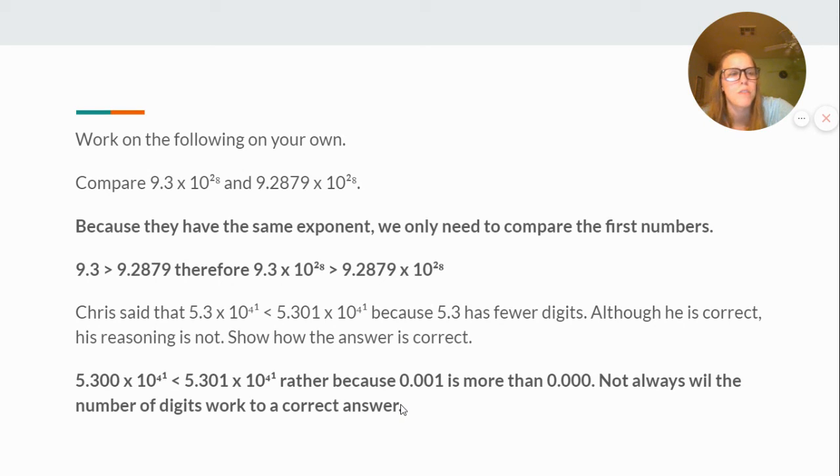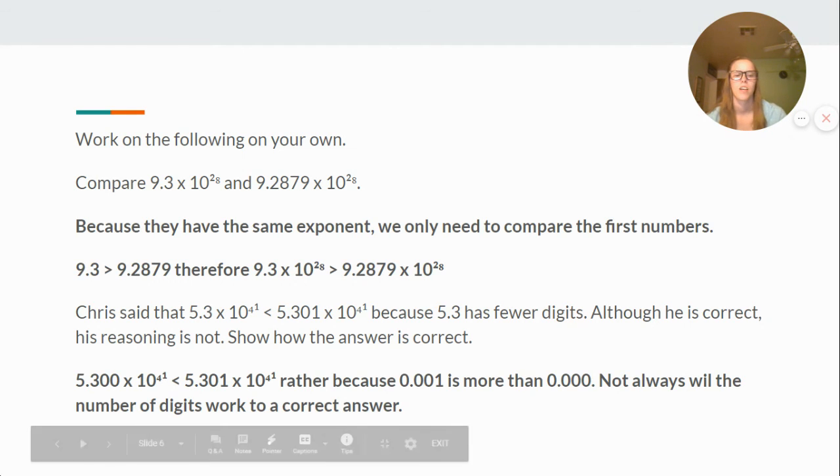If we had 5.30479 and 5.304, one has fewer digits, but it's smaller. But we could just say 5.4 or 5.5, and that has fewer digits, but it's still going to be the bigger number. So we have to be careful that we're comparing the numbers rather than just the amount of digits.